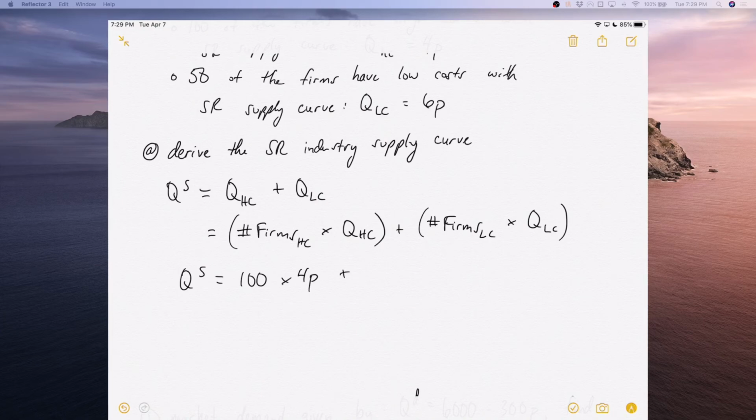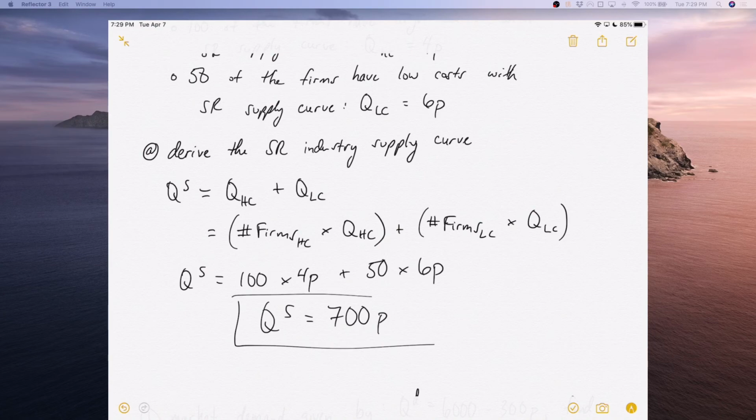That's the number of low cost firms that we have, times 6P, those firms supply. Add it together, QS equals 700P. Okay, pretty simple. First part done. That's A.